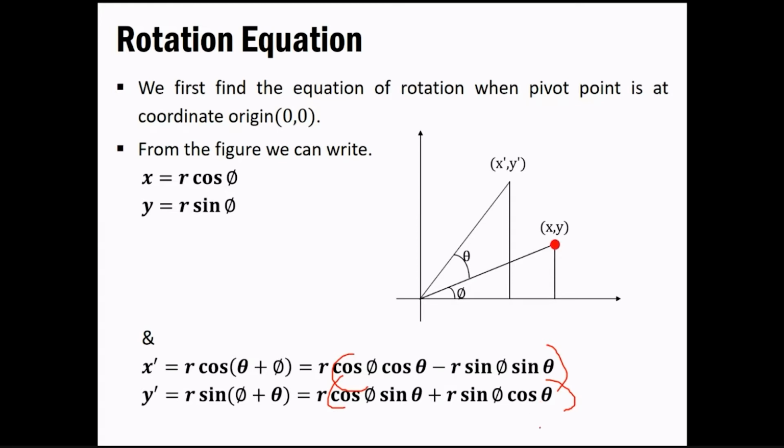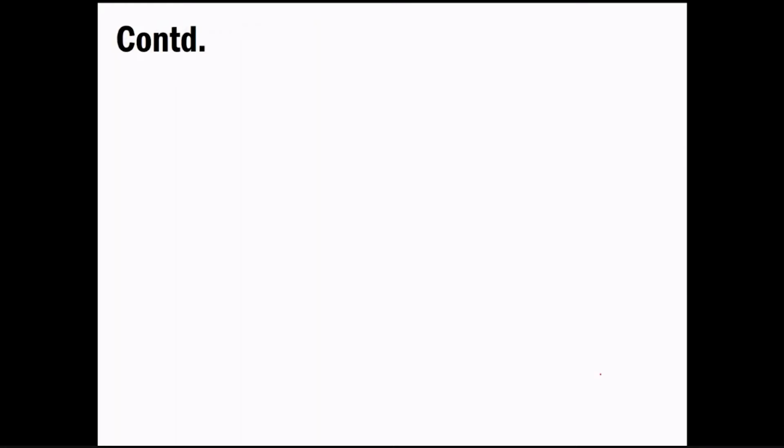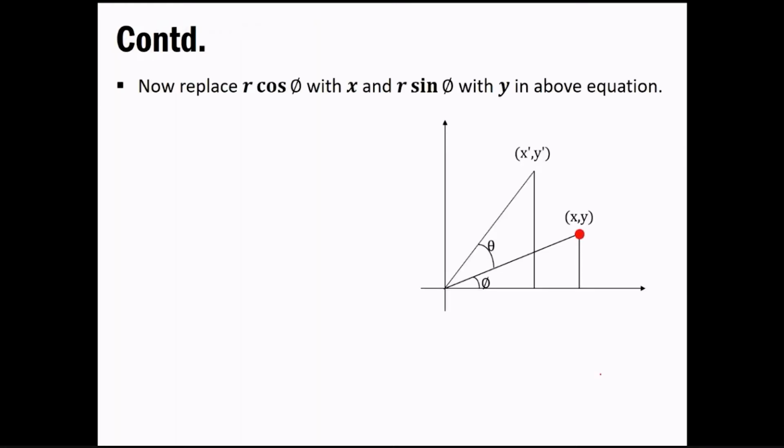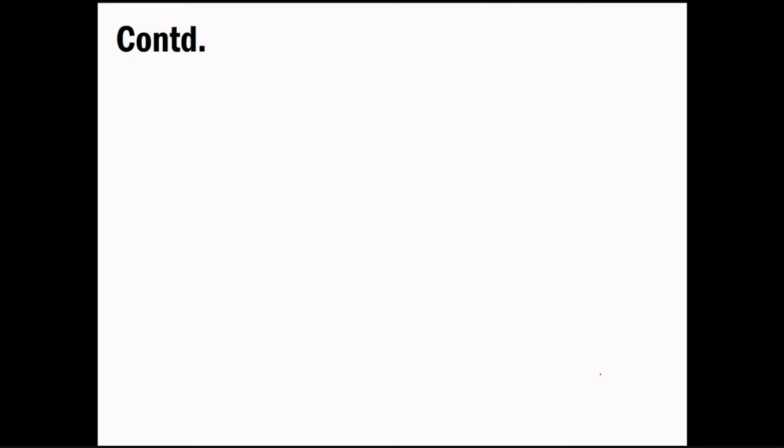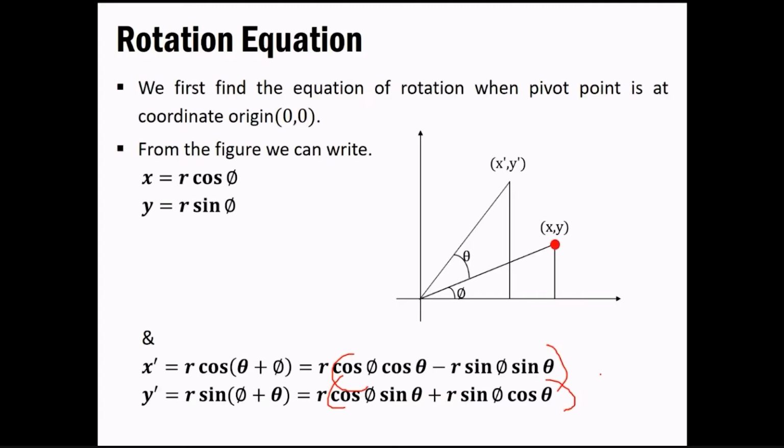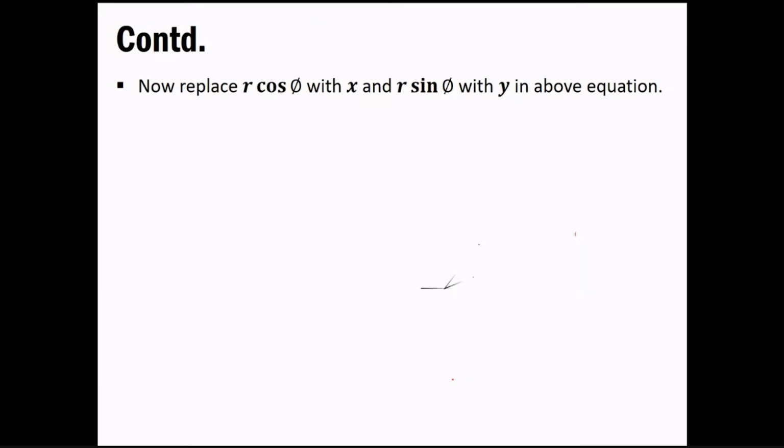Based on this, we'll simplify our equation so that we can easily use it in our example. Now we replace r cos phi from the previous step, multiplying each term after the expansion. A similar thing is applied here; r appears in both cases.